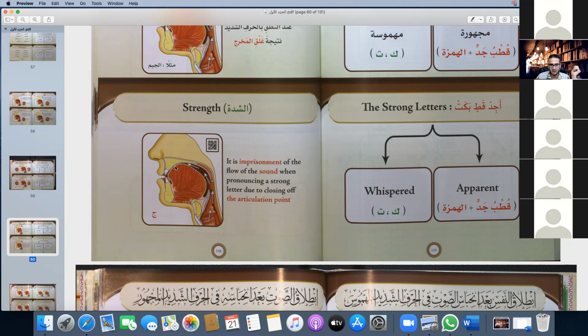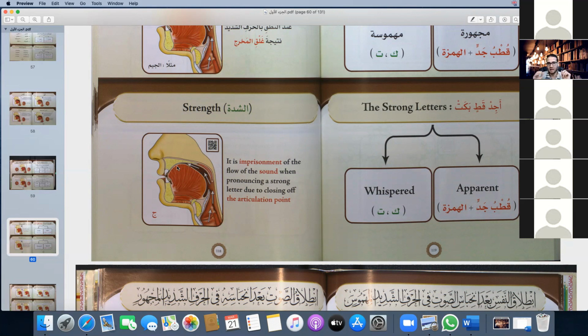When you look at this letter Jim here, I imprison it at this point until I release it after that. So what are the strong letters?